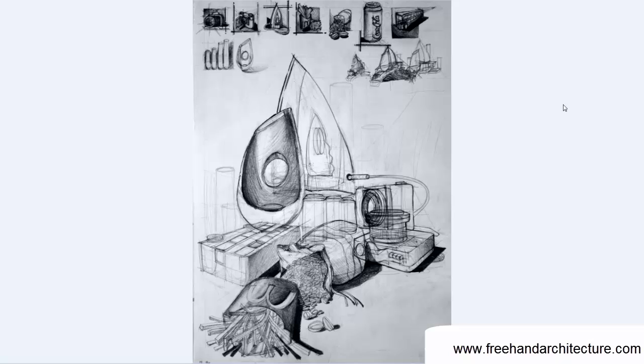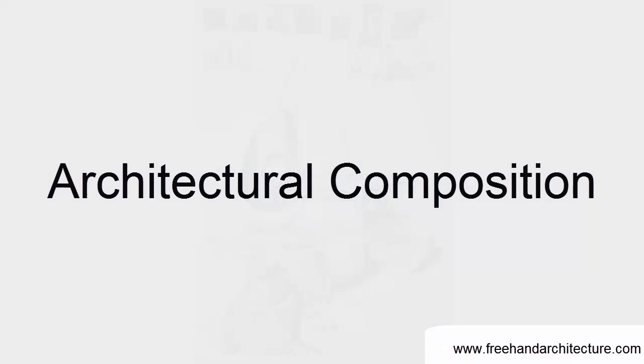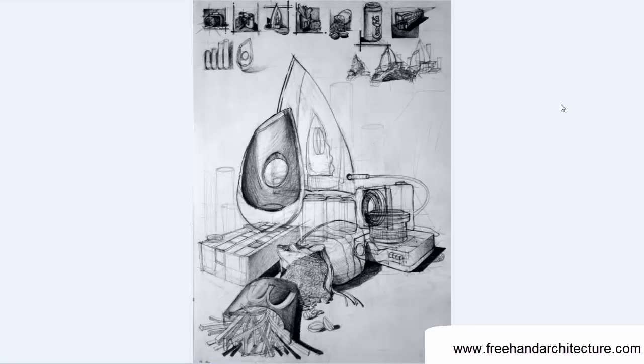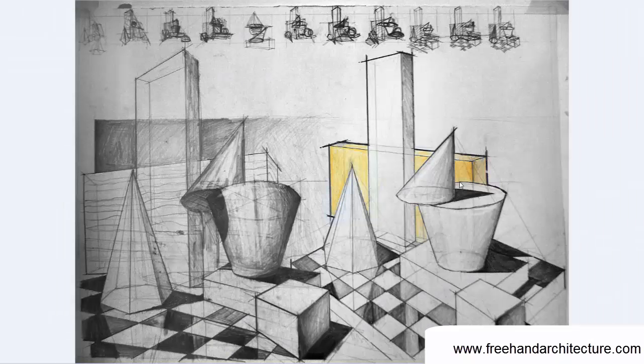No excuses. So the lesson for this week is on composition. A couple of compositions, just for you to get a grasp of what it actually means to draw proper composition. So why do you need to know this? Because composition is actually the bread and butter of architectural drawing. This leads on to drawing volume compositions, like this sort of thing, which then leads you to understanding how to draw and design building compositions.